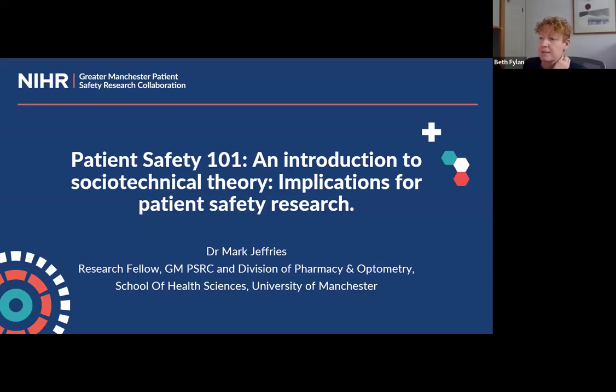So Mark's research has spanned different parts of the patient care journey, including lots of work in care transitions, which of course is a key point of weakness in the care continuum for patients. And obviously he is very, very well published in these areas of patient safety, including socio-technical systems.